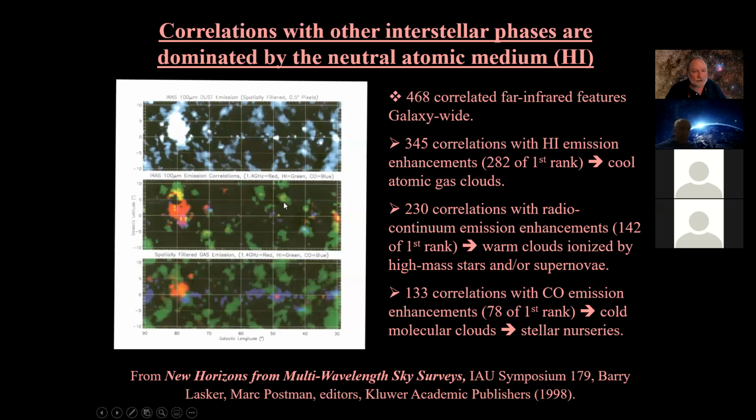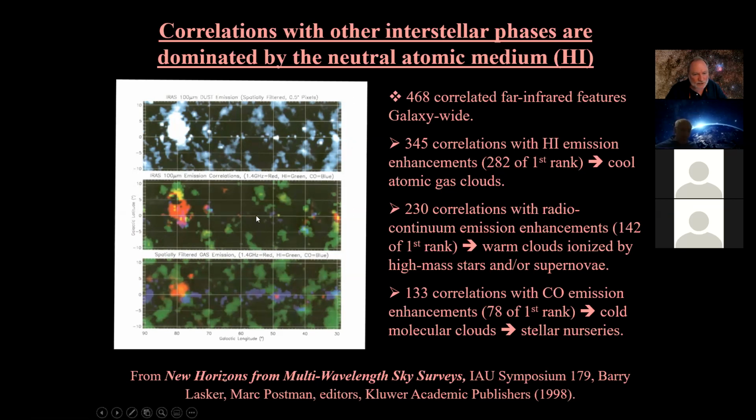And the green shows the correlations of the atomic hydrogen emission with respect to what we're seeing in the infrared. And the red is radio continuum from ionized gas. So that's where stars are scorching the gas and ionizing it, making it glow in the radio continuum.